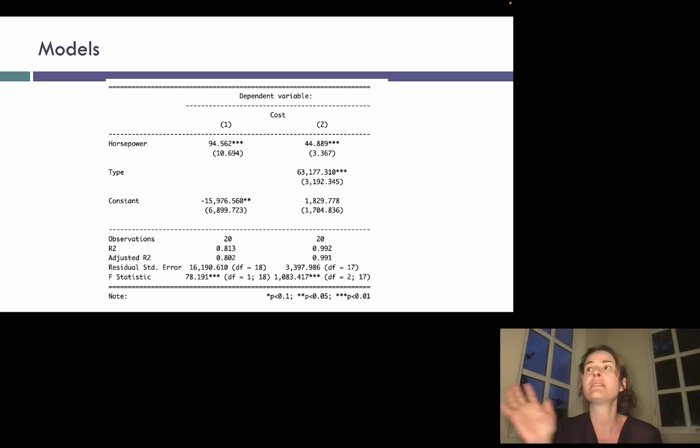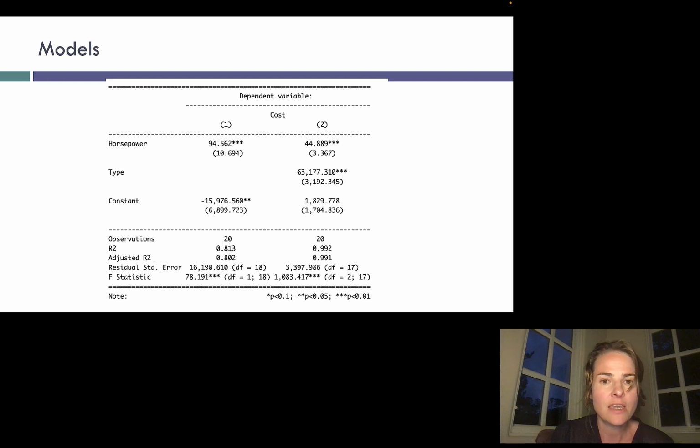Never in my analyst life have I been lucky enough to have such majestic R-squareds as you do, well, with time series and cost estimating relationships. Here we have a 0.8. Before, in our adjusted R-squared, it goes up to 0.991.